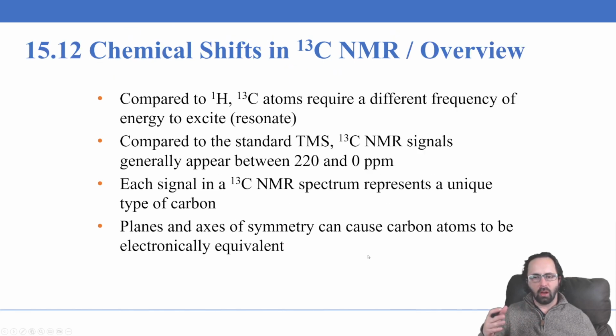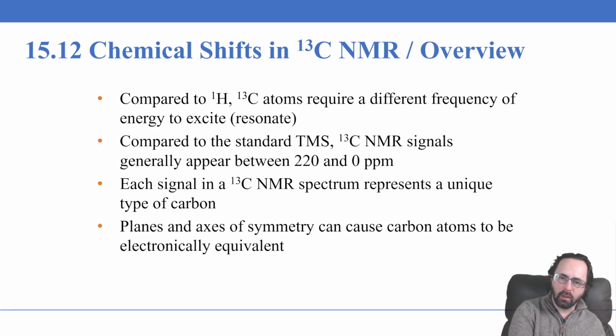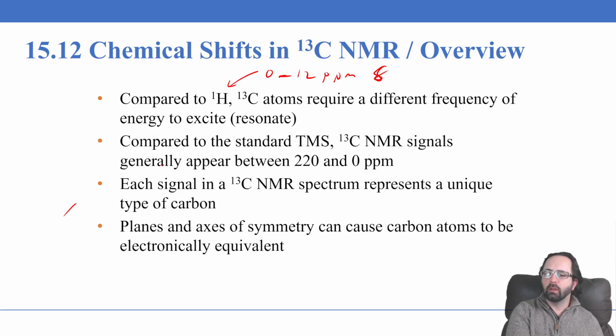And compared to proton NMR, carbon-13 atoms require a different frequency to resonate. Whereas for proton NMR, the chemical shifts generally range from 0 to 12 ppm, for carbon-13, it's going to be between 0 and 220 ppm.